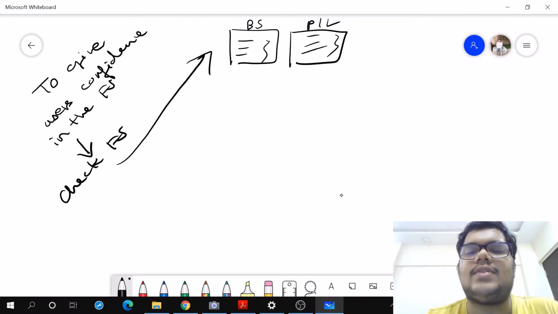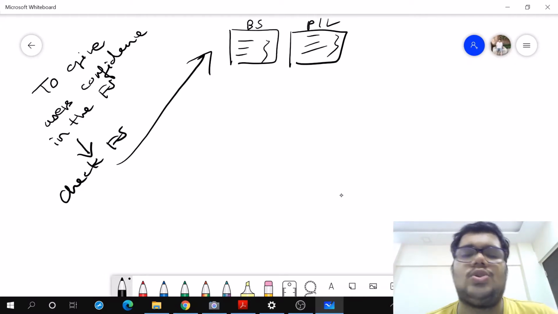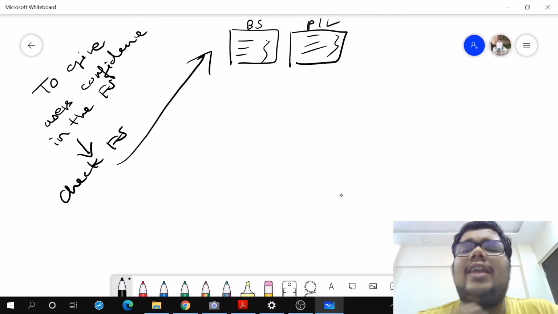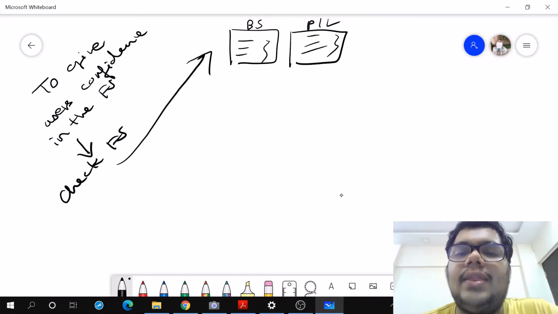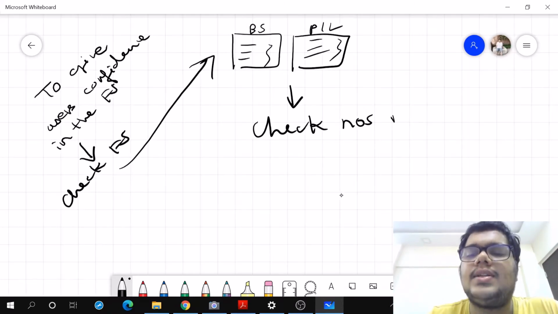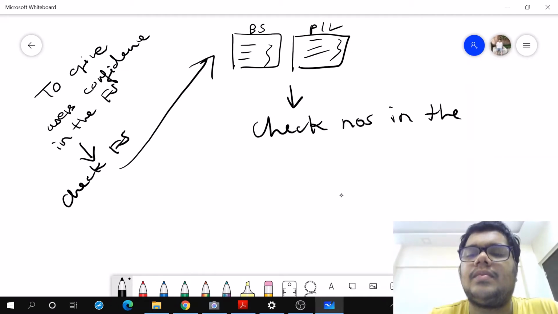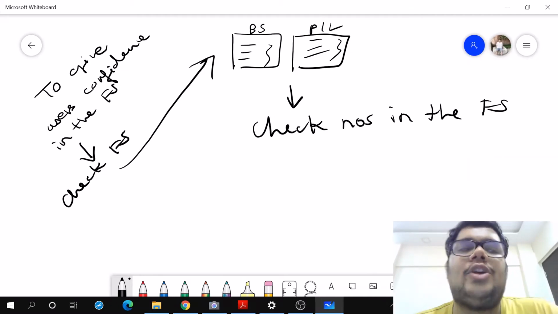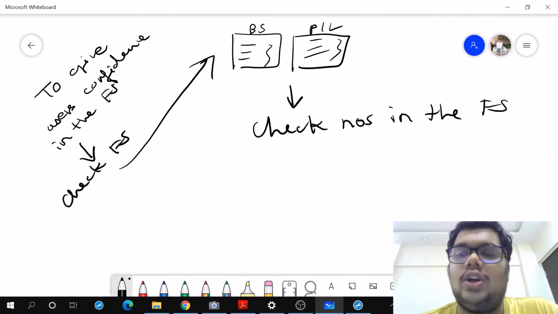Here also you'll have some numbers, and you'll have your cash flow, your statement of changes in equity, and your disclosures and notes. But your main thing will be your balance sheet and your P&L. Now we have to check that every number appearing in the balance sheet and the P&L is correct. For this, we are going to check the numbers in the FS, whether they are correct or not.